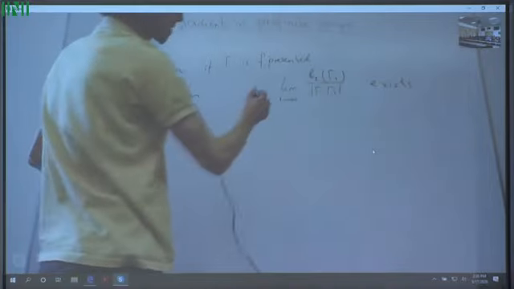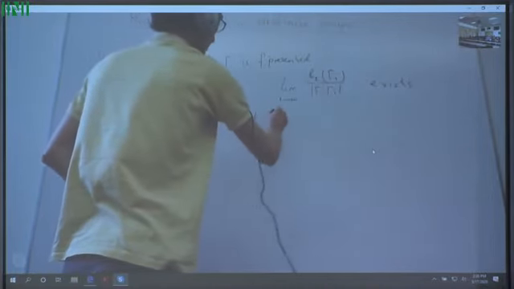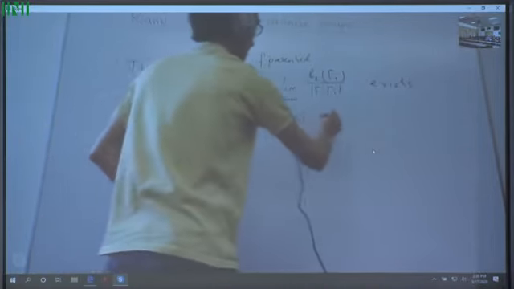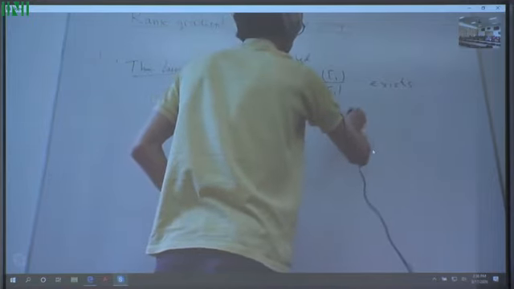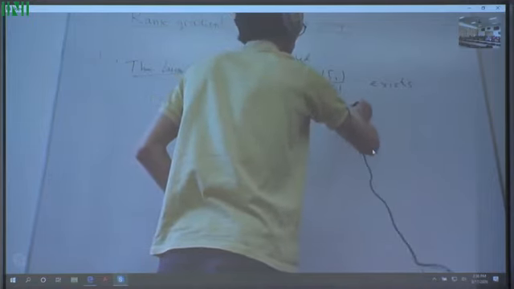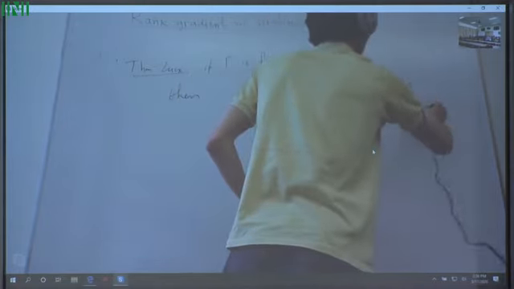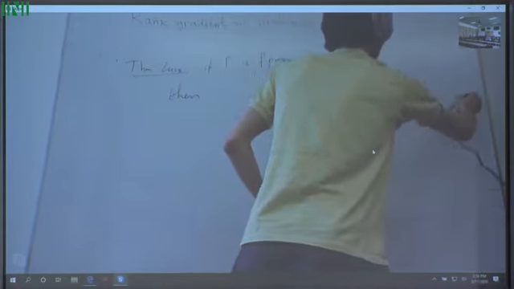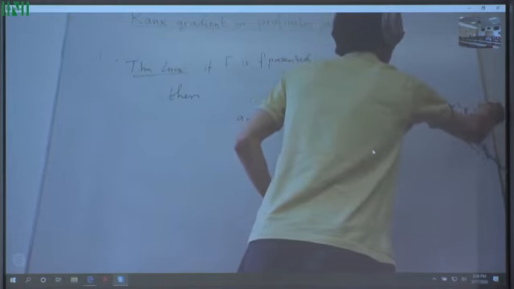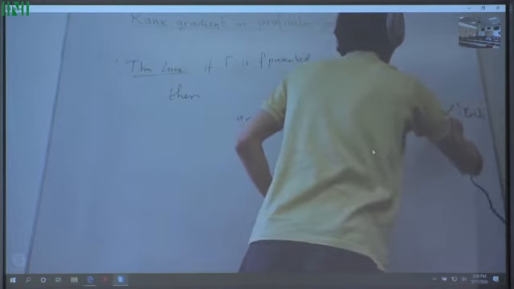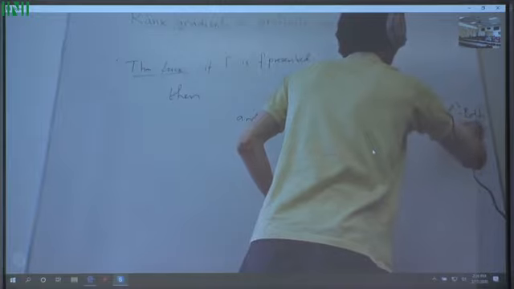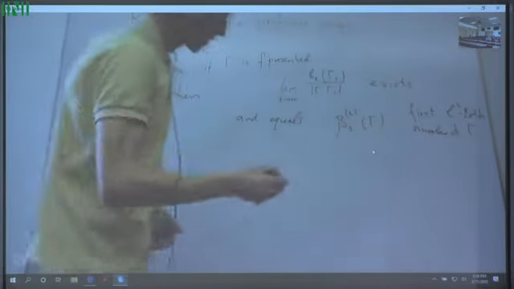And not only this, it equals the first L2 Betti number of Gamma, which I'm going to denote b_1^(2)(Gamma).